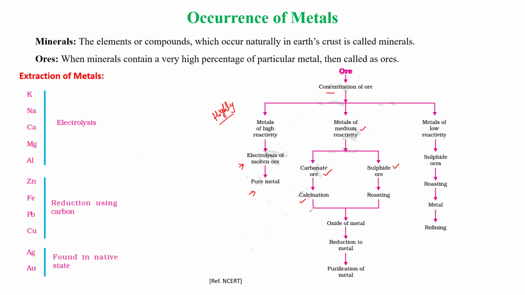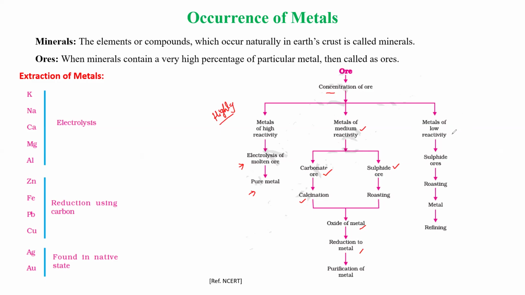Here there is only a small difference: in one we apply more oxygen, in one we apply limited oxygen. After calcination or roasting, we obtain the oxide of the metal, and from the oxide it's easy to obtain the metal by the reduction process, and finally purification of the metal takes place.